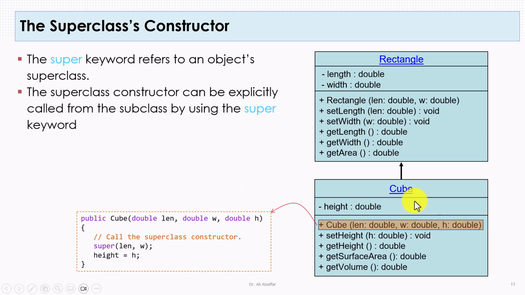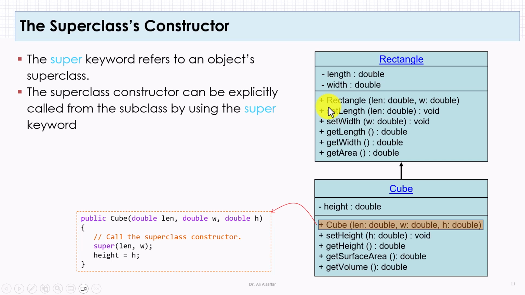Now let us look at the definition for the constructor for the subclass. As you can see, before we execute any statement, we need to call the superclass constructor by using the keyword super. This is similar to calling an ordinary method. You need to supply its parameters.